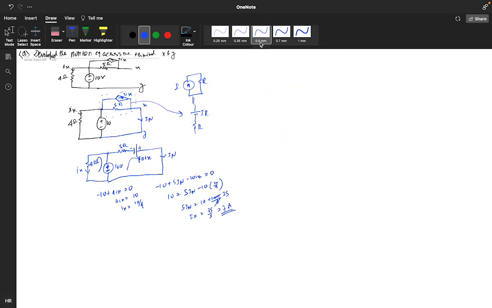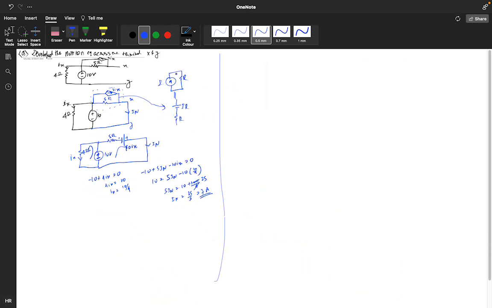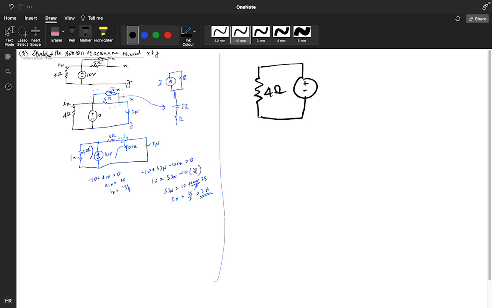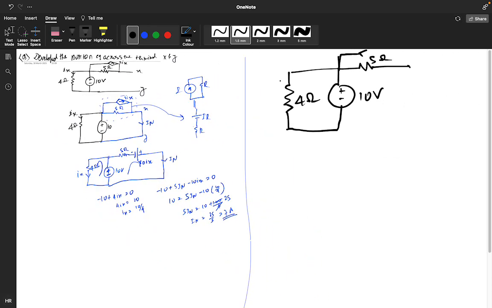Now suppose the network is like this: 4 ohm, this positive negative, this is 10 volt, this particular 5 ohm, and this is 2Ix. So this is your particular network.